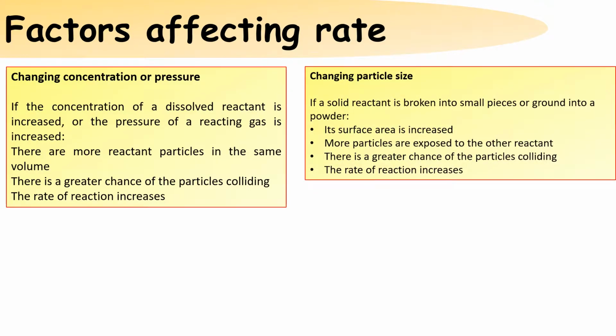If the solid is broken into small pieces or ground into a powder, its surface area is increased, so more particles are exposed to each other to react, so there is a greater chance of the particles colliding, so therefore the rate of reaction increases.